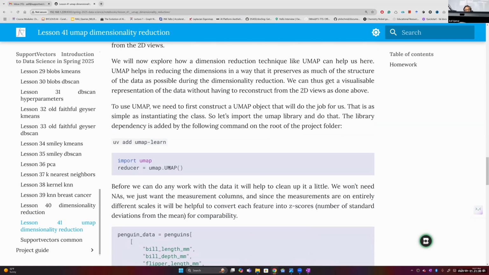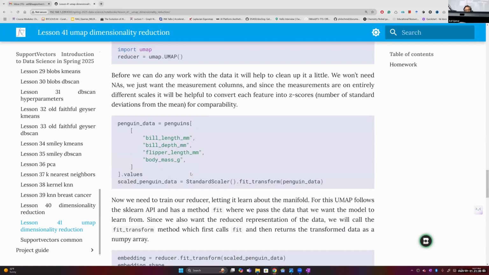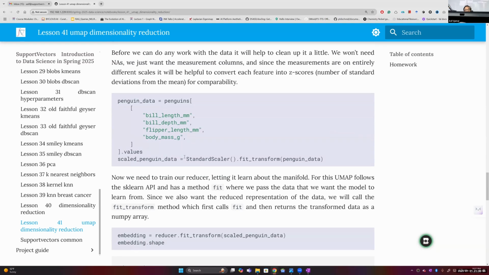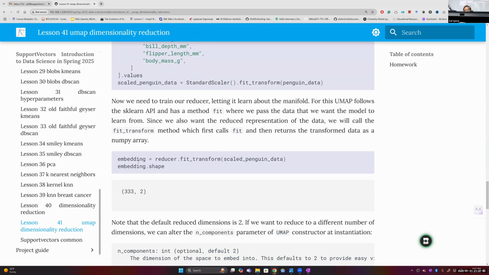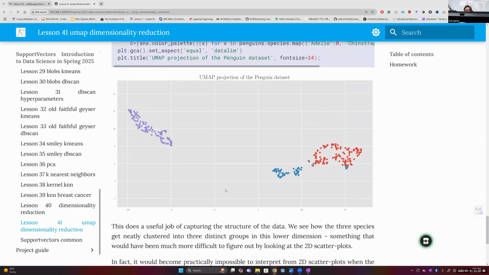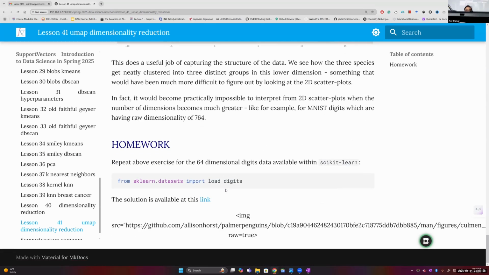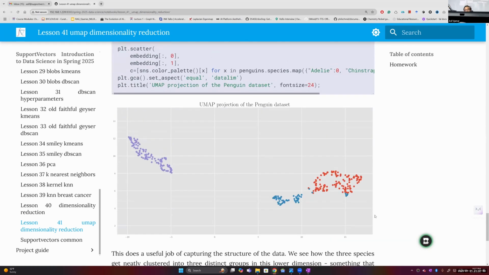You just have to instantiate the UMAP object, a dimensionality reducer object, apply the standard scaler to scale the data, and then apply the dimensionality reducer. By the way, you could have put it into a pipeline, just like we did for PCA. That is it. And now when you look at this, isn't it amazing, right?